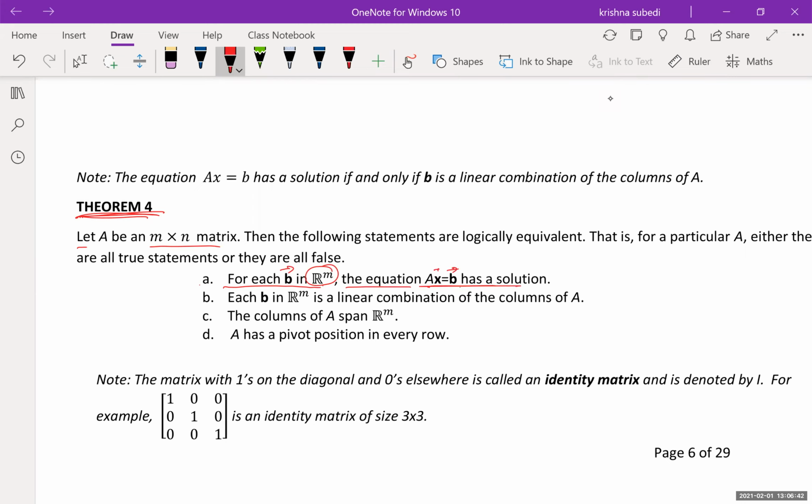So if it has a solution, then each B in Rm is a linear combination of the columns of A. Remember that A is a matrix. So B is a linear combination of the columns of A. In other words, B can be written in the span of the columns of A. Okay, so the columns of A span Rm. And A has a pivot position in every row. So if one is true, all of the others are true. If one is false, all of the others are false.